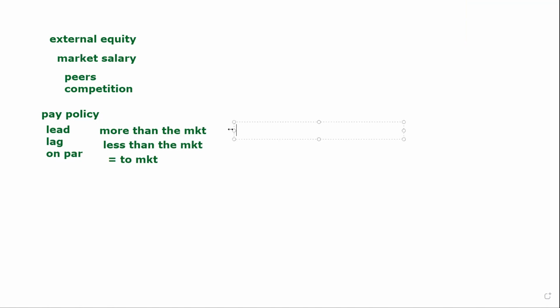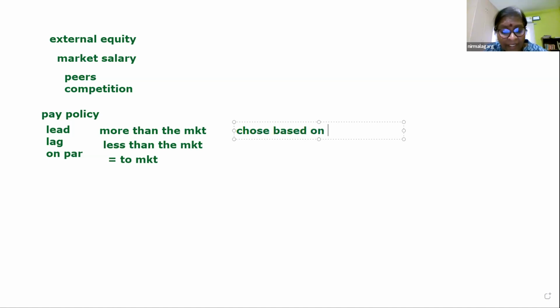They can choose based on the criticality of jobs or roles, my strategic positions across the organization, irrespective of levels.